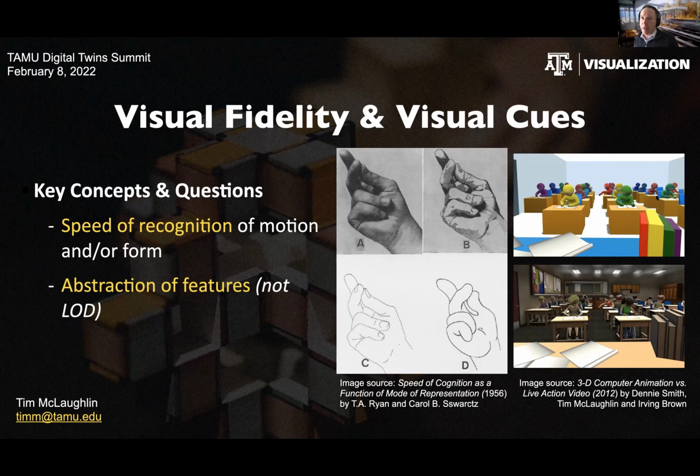So it could be that speed of recognition is important. It could be that we need certain features identified in a particular order. So we have to make these choices, and I think we have to do so in a very deliberate way in order to be most effective with the visual representation of our digital twins. And it's not just an abstraction of features like from an LOD point of view.